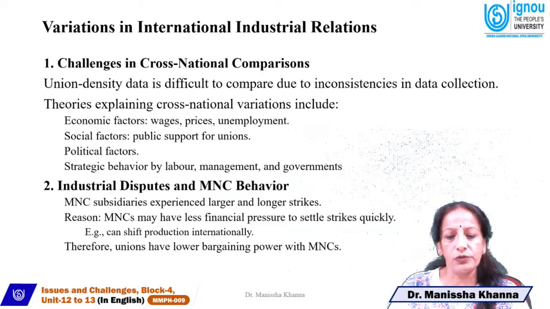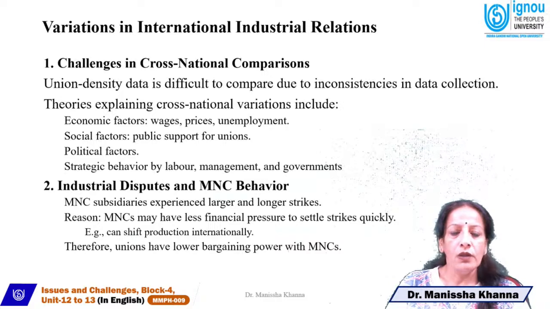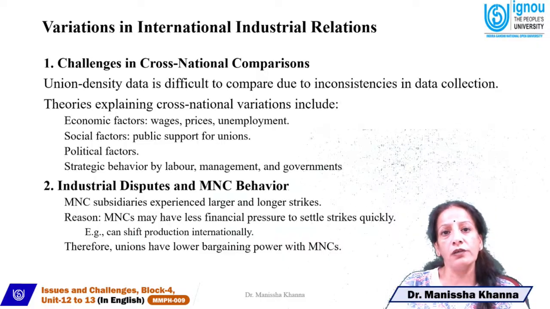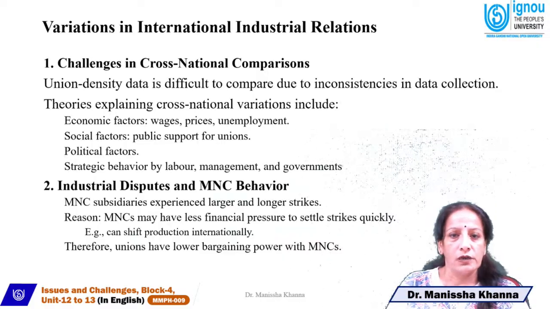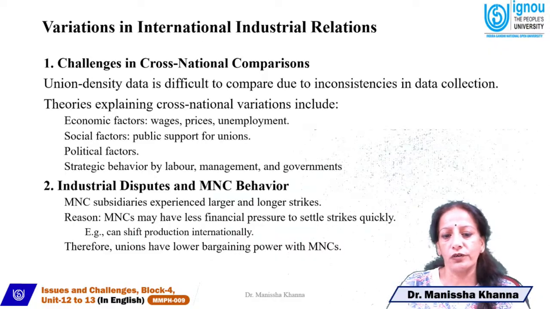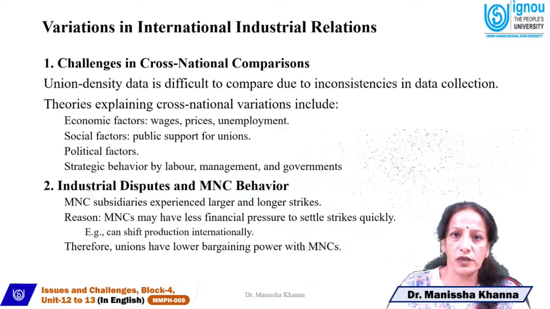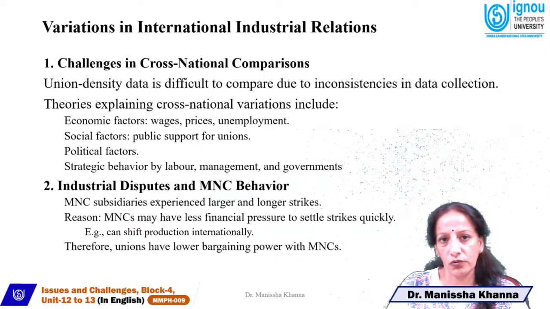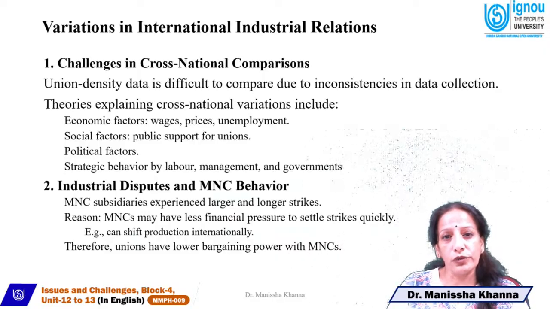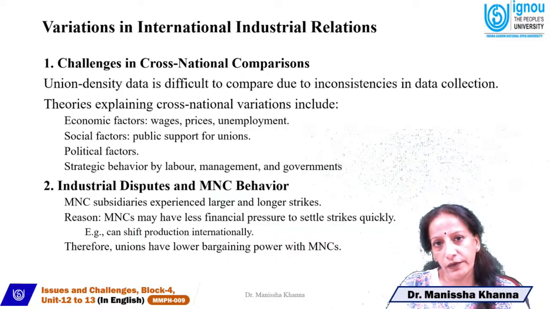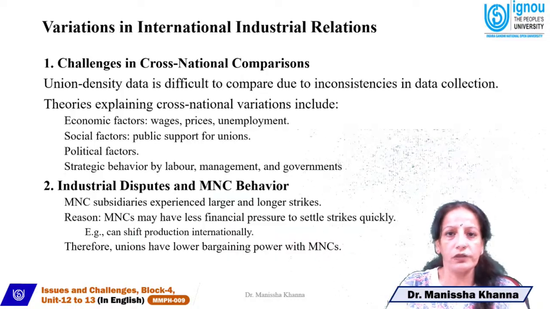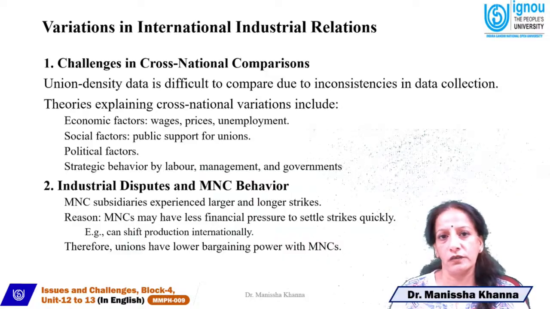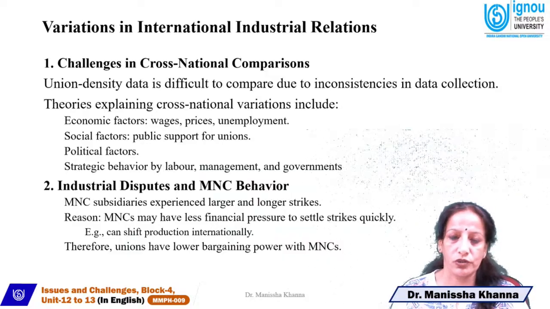Then there are industrial disputes and multinational behavior. Multinational corporation subsidiaries experience larger and stronger strikes. The reason is that multinationals have less financial pressure to settle strikes quickly, so they can shift production internationally to other locations. When unions come to collective bargaining, they have lower bargaining power with multinationals, because multinationals have options.